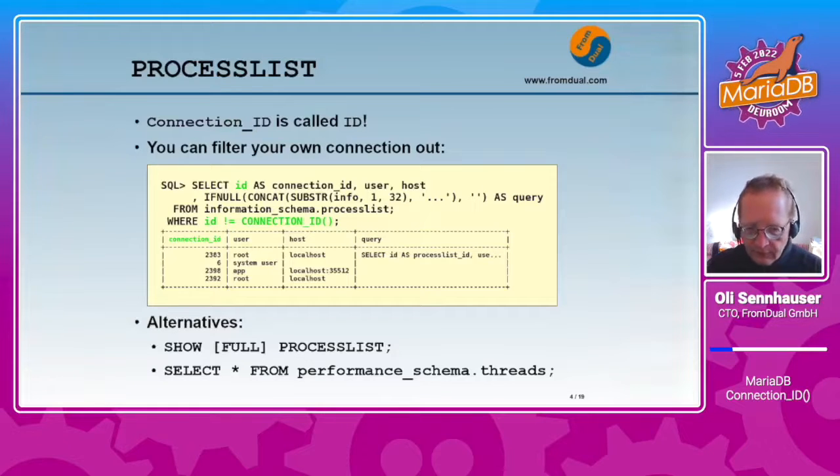And you can easily filter out the row which is your personal connection, so you can see all the other connections with this select command on the information schema process list. Alternatives are the command show processlist or show full processlist, or you can also query this information from the performance schema. Here you find everything in the view threads.